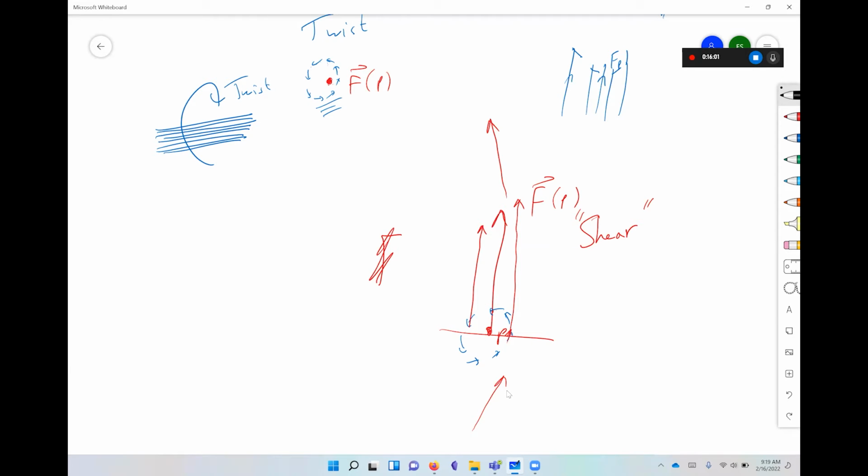The curl represents a measurement of how the field twists and shears, while the divergence represents a measurement of how the field compresses and expands, converges and diverges. Of course, this is all infinitesimal, a tiny amount of change at a point.